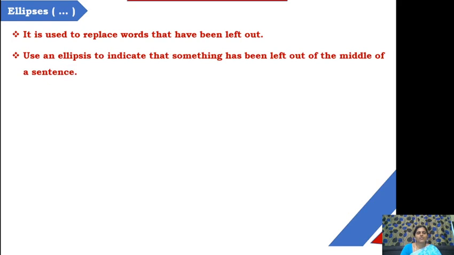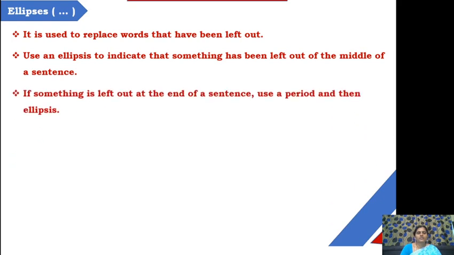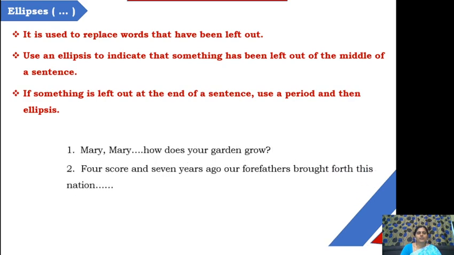Ellipsis. This is also one of the punctuation marks that we use. It is used to replace words that have been left out. Use an ellipsis to indicate that something has been left out of the middle of a sentence. If something is left out at the end of a sentence, use a period and then an ellipsis. See here in this example: "Mary, Mary... how does your garden grow?"